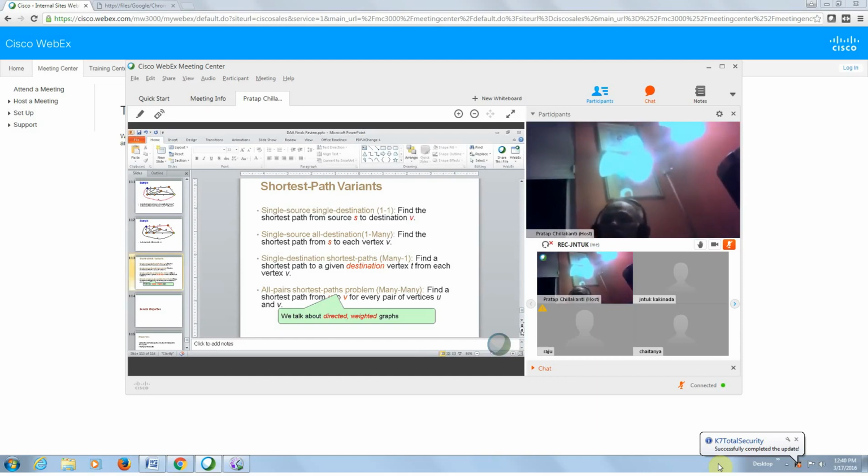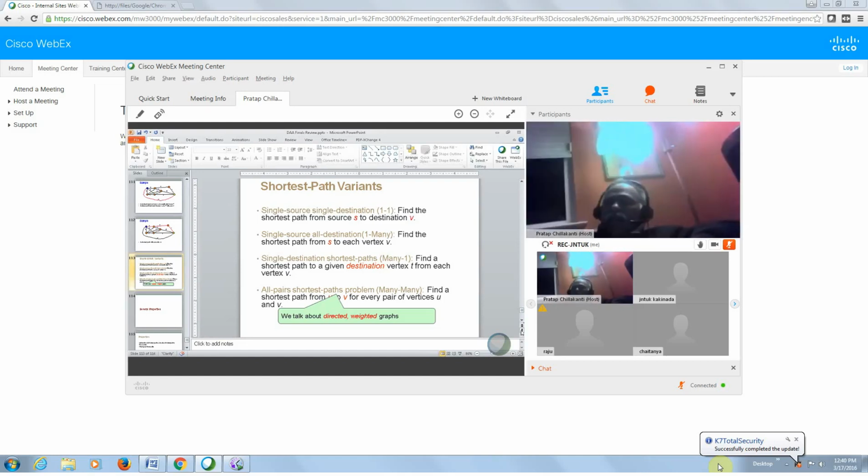Now, these are all the different variations, we didn't really cover this in our class, but I thought let me put it here. There are different variations of shortest path, right? You have single source, single destination.